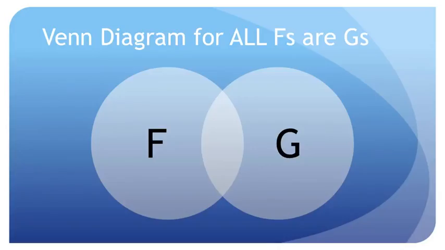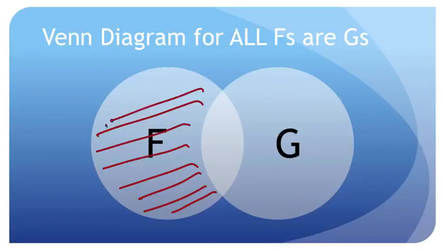So consider, how would we visually represent a statement of the form that all F's are G's? All things that fall into one category also fall into a second category. Well, if you wanted to say all F's are G's, let's see, how would you do that? You'd be saying that all of the F's that there are fall into the G circle. But if all the F's that there are fall into the G circle, then there can't be any F's outside the G circle, right?